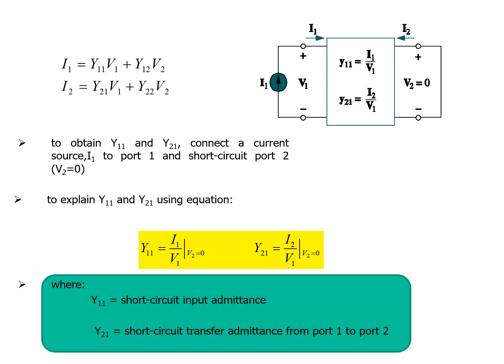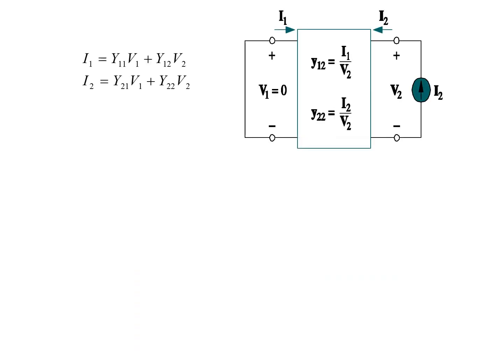Y11 is the short circuit input admittance, and Y21 is the short circuit transfer admittance from port 1 to port 2.